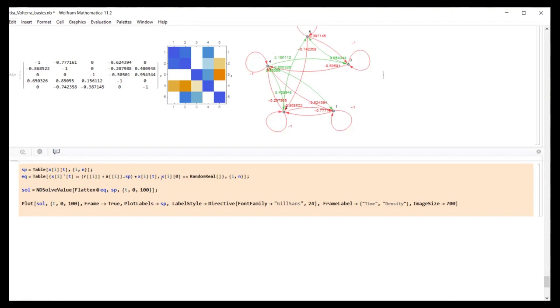You have to solve it with the initial condition that random numbers are added to the initial values, and this is the n-dimensional system, and n is 5 in this case. After that, if the differential equation system is defined like this, you only have to solve it with the command NDSolve.